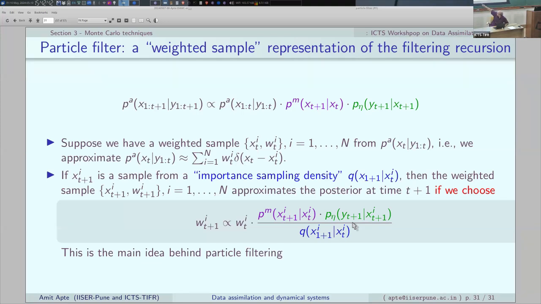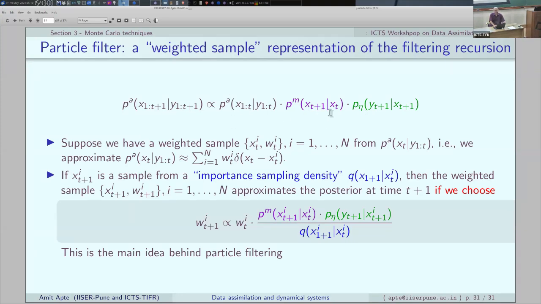This is basically a one slide summary of the particle filter. If you have the weights at time t, the weights at time t plus 1 are proportional to the weights at time t times a factor, and this factor comes from looking at what these densities are. We want to sample out of this, and we have a sample out of that.